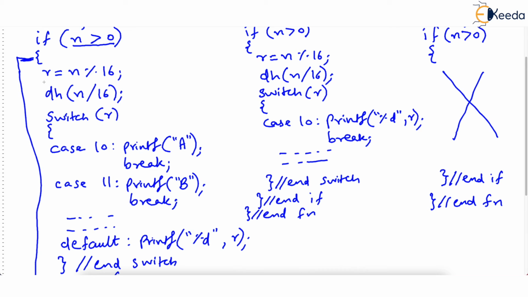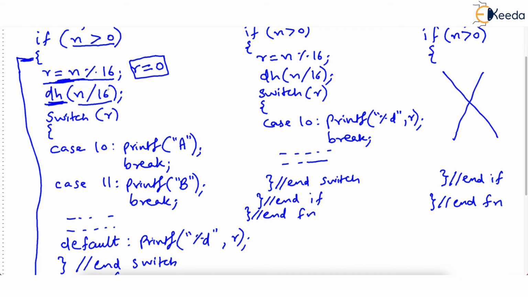Now r recorded over here is 160 % 16. Just check this line. 160 % 16. So r recorded will obviously be 0. Correct? 16 tens are 160, remainder is 0. And now we call the dec to hex function recursively with the value n by 16, which is 160 upon 16, which is 10.